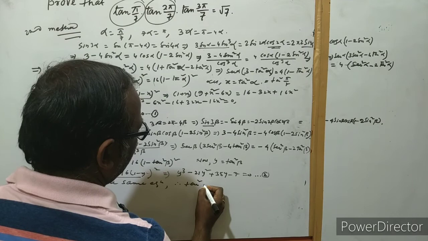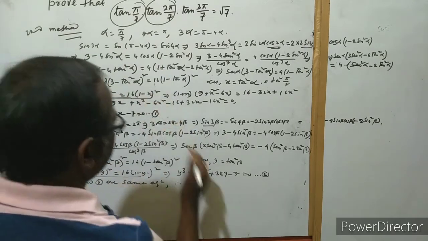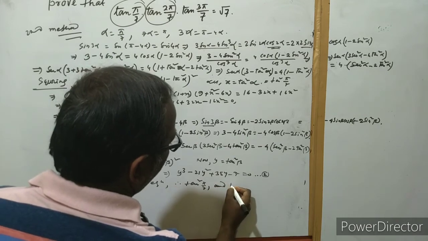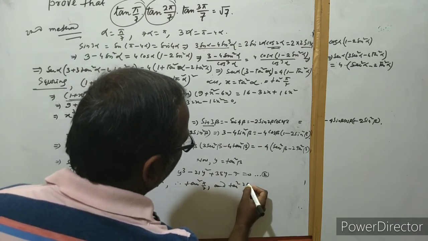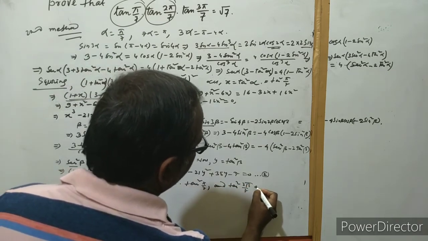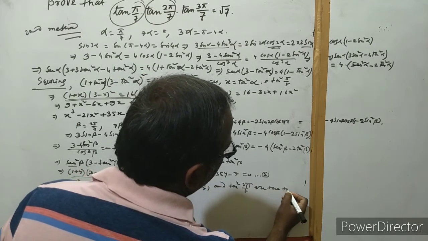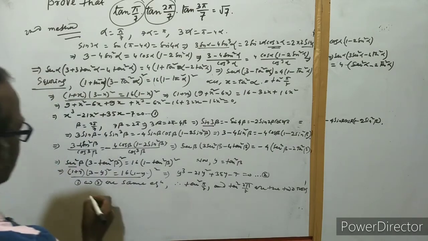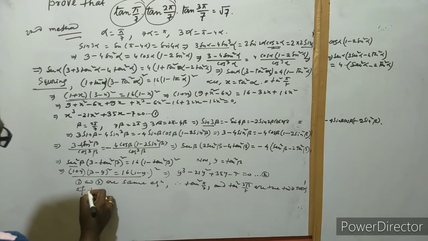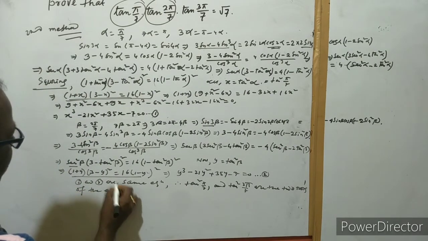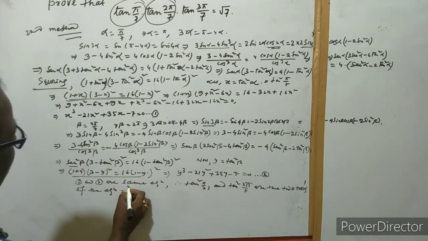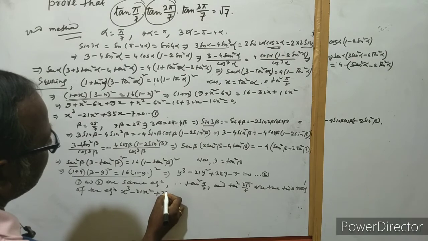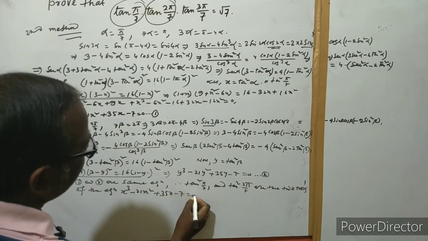So tan square alpha, see this is pi by 7: tan square pi by 7 and tan square 2 pi by 7 are the two roots of the equation x cube minus 21x square plus 35x minus 7 equal to 0.